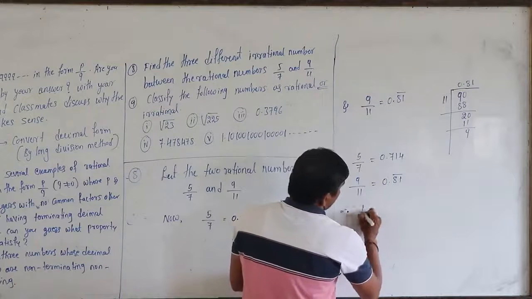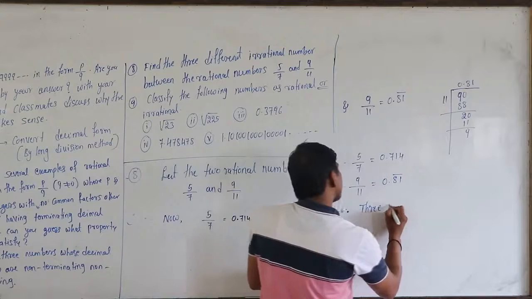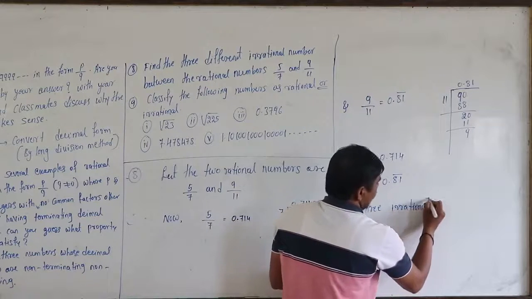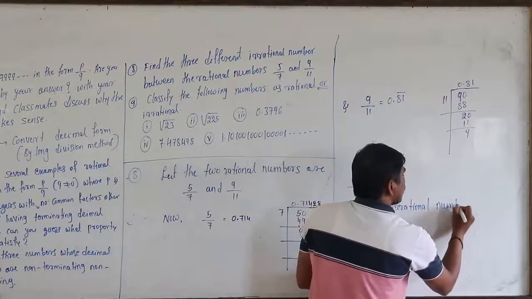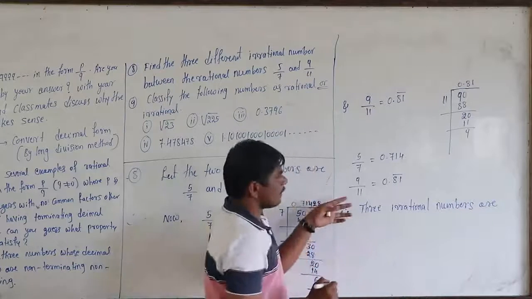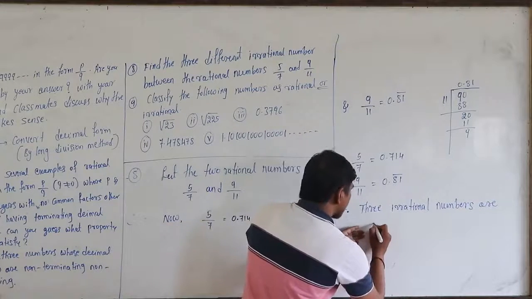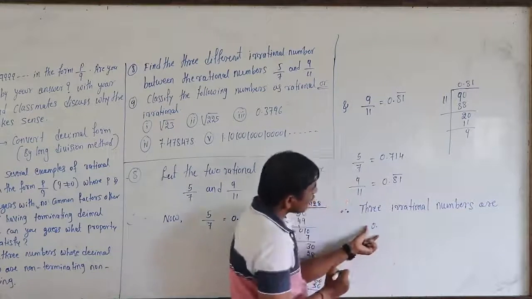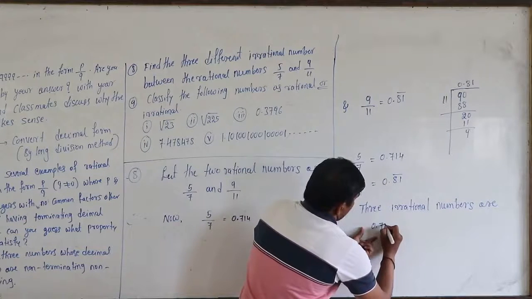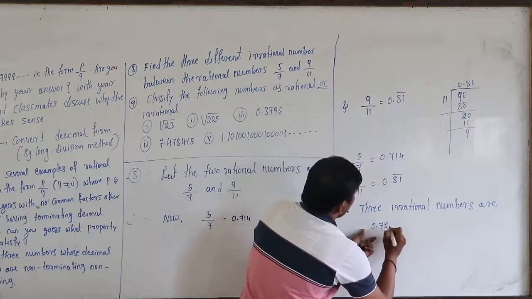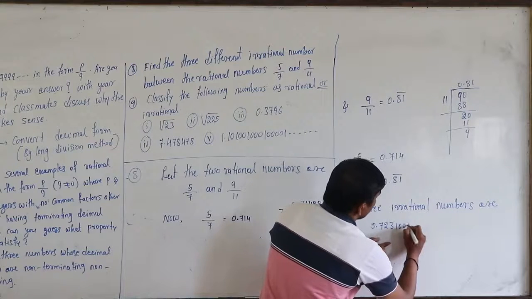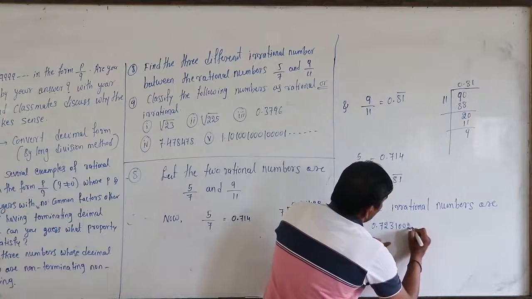Therefore, the three irrational numbers are, the irrational numbers in between are 0.7231002 and so on.